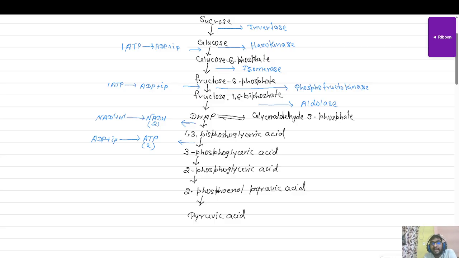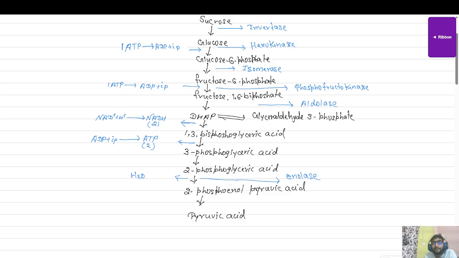In this process, one more enzyme is needed, and the name of the enzyme is enolase. This enolase enzyme is needed to convert 2-phosphoglyceric acid to 2-phosphoenol pyruvic acid. And here also one water molecule will be released.